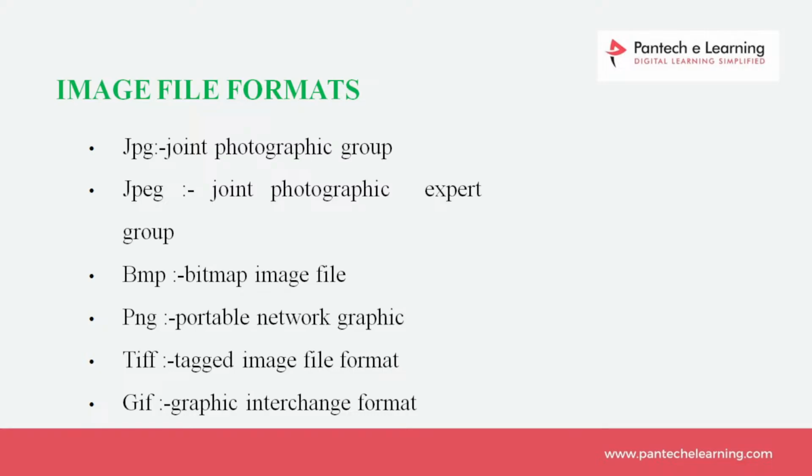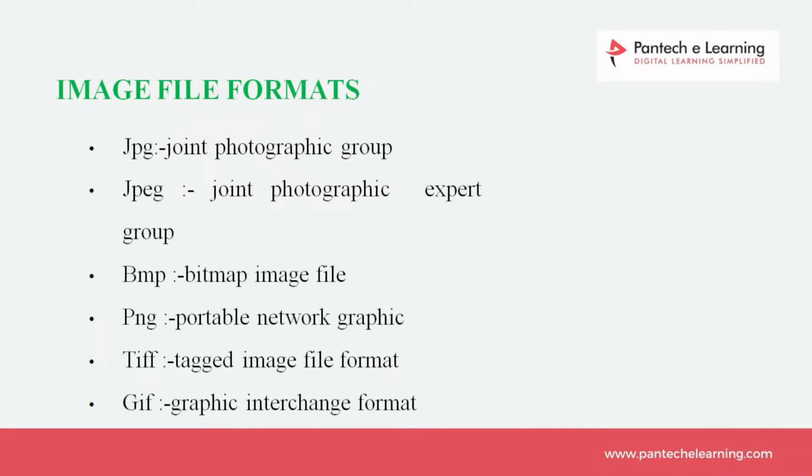If you select any type of picture, it definitely has some particular extension. If any person shares a picture with you on your mobile, you can understand that each and every picture has an extension. Why do we have so many extensions?